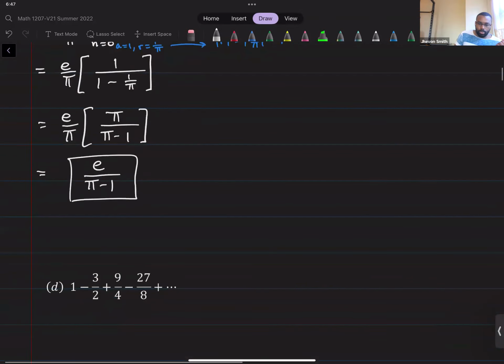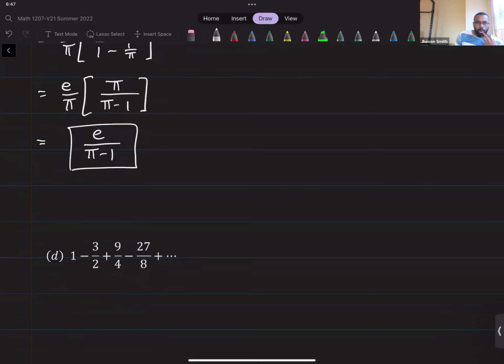But this one, 1 minus 3 over 2 plus 9 over 4 minus 27 over 8. Does anyone see what the A is, what the R is?